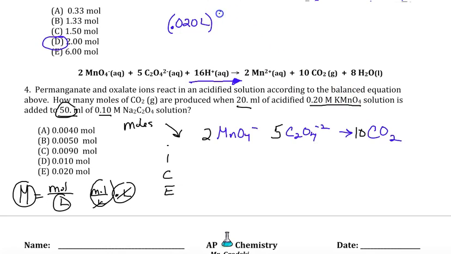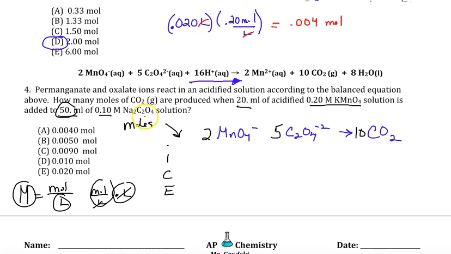And that's going to be 0.20 moles over the liter. That's what molarity means. So 0.2 times 0.02 is going to be 0.004 moles.